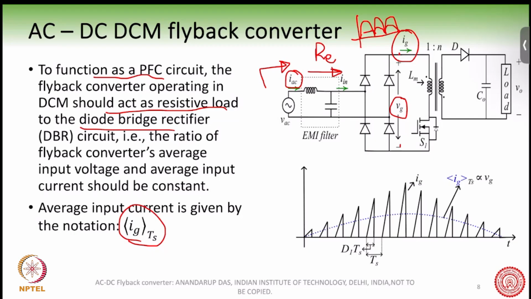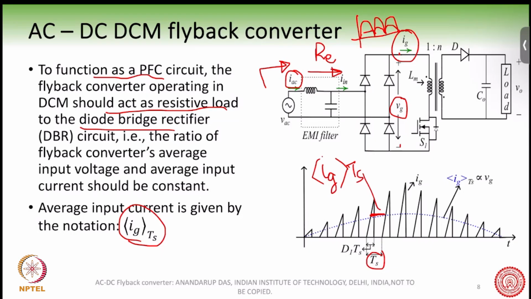TS. So for example, here if you see this is the TS period and the average value of IG is here. So this value will be IG with this subscript, and we'll say IG angle brackets TS. Okay, this is used in many textbooks. So this means the average value of IG in this switching cycle.